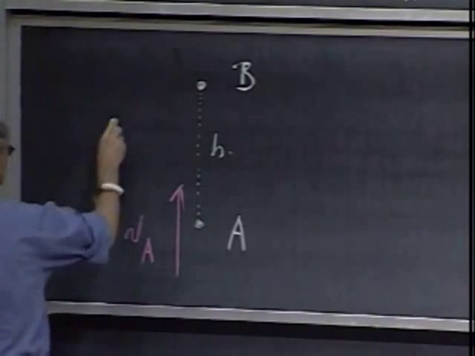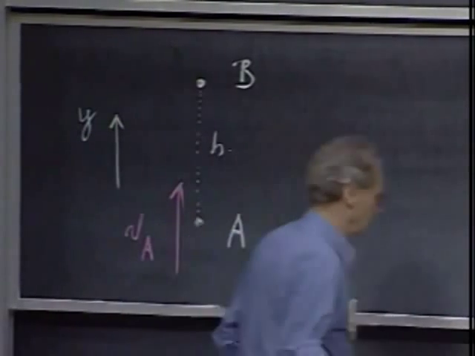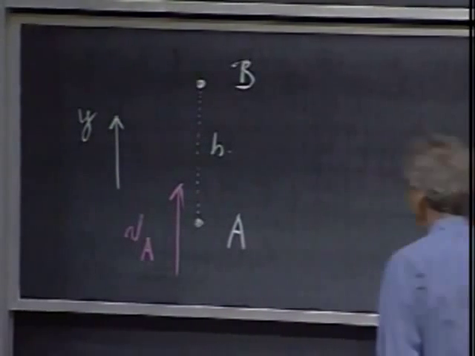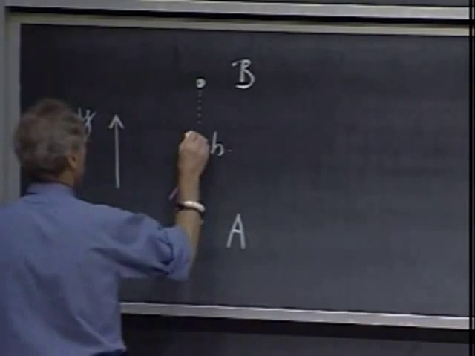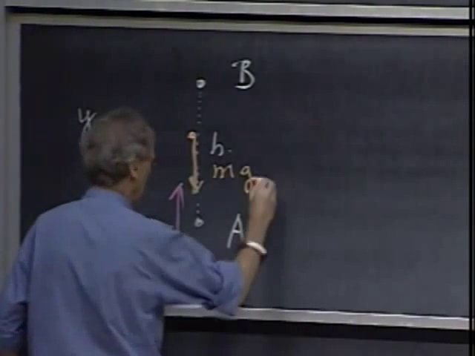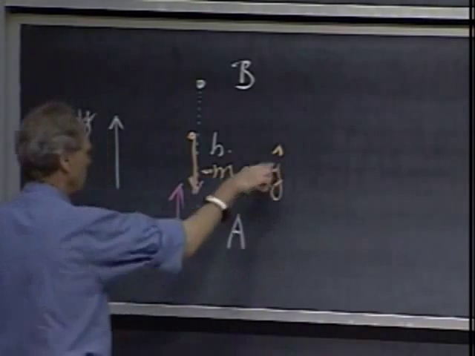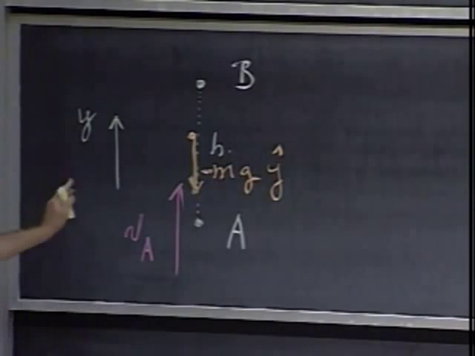And this could be my increasing y direction. The object has a mass m, and so there is a force, gravitational force, which is mg. And if I want to give it a vector notation, it's -mg y-hat. This is my increasing value of y.